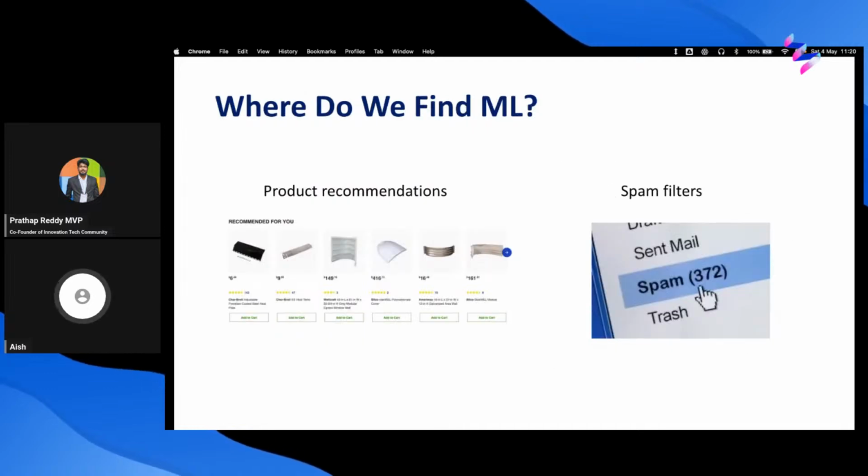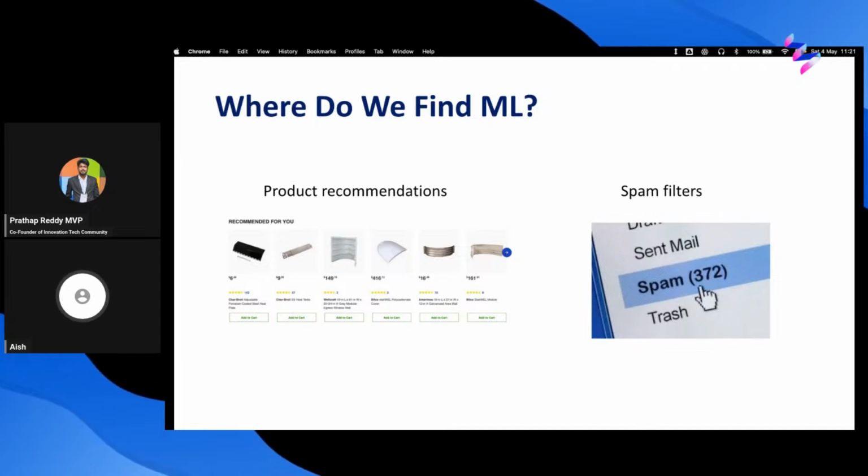Okay, so let's see, is ML something imaginary, or do we see it every day in our world? So you will see that we find ML at a large number of places. You will see it in Amazon, in the shopping websites. You see a lot of product recommendations, even on Netflix, YouTube. So wherever product recommendations are, we have ML.